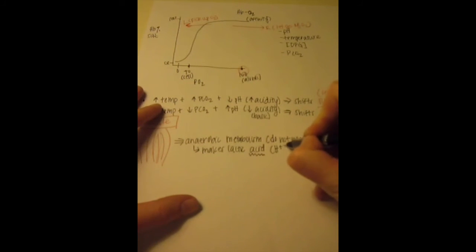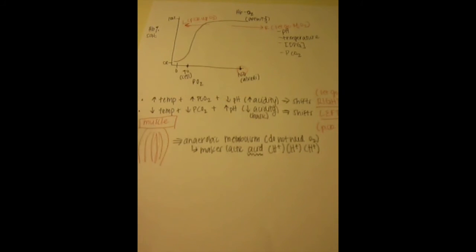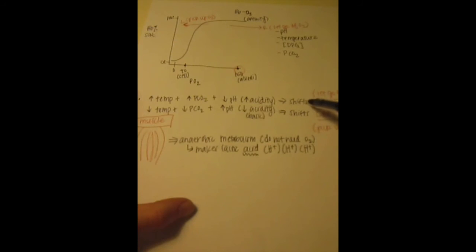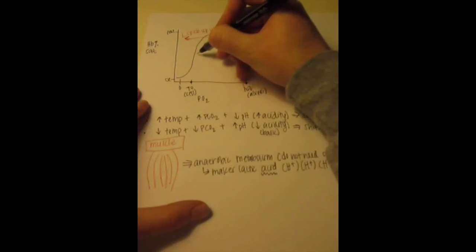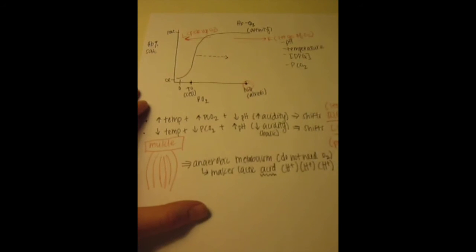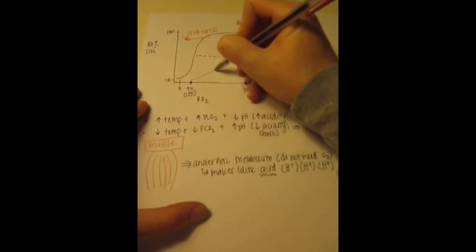So this is releasing a bunch of H+ ions. I don't really know how many, but enough to change the blood pH is basically what you need to know. So you're releasing a bunch of H+, which means you're decreasing the pH but increasing the acidity, which means that this whole thing is going to shift to the right.